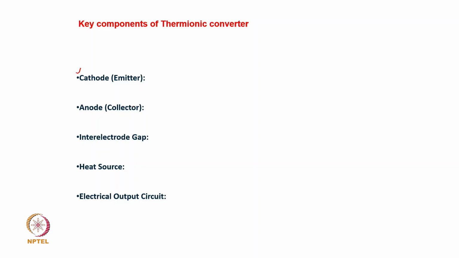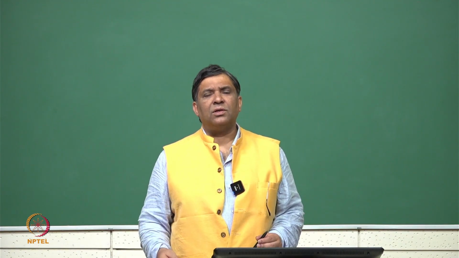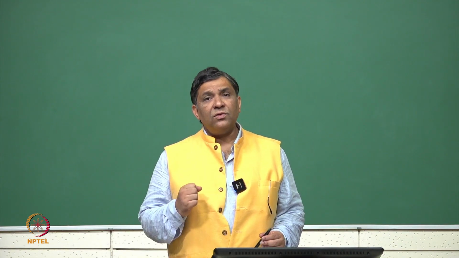And the second part of the thermionic converter is anode or collector, okay, which is at lower temperature, and the function of this electrode is to collect electrons efficiently.